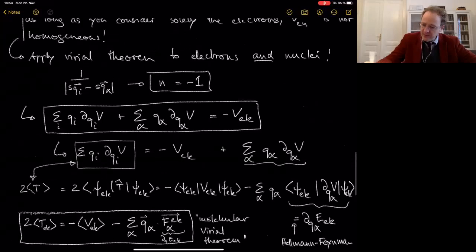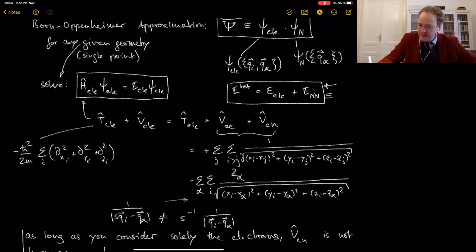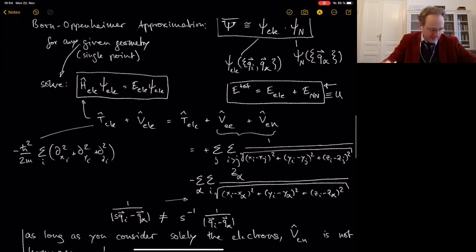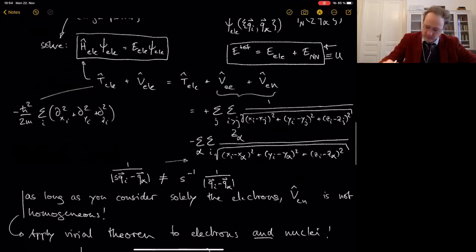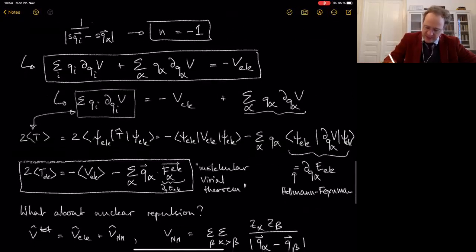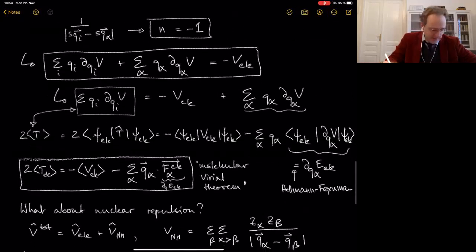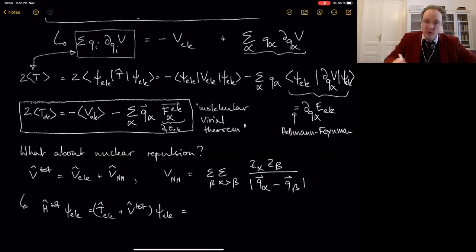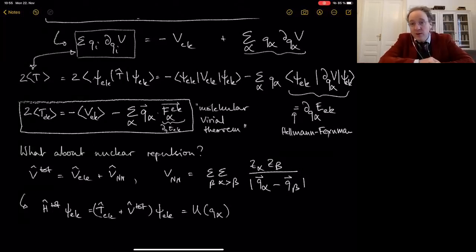Let's call this the same as U, okay? Just another common symbol for the energy. So we call this U, and U depends only on your nuclear coordinates, because through calculating our eigenvalues and our expectation values, we integrate out the electronic degrees of freedom.